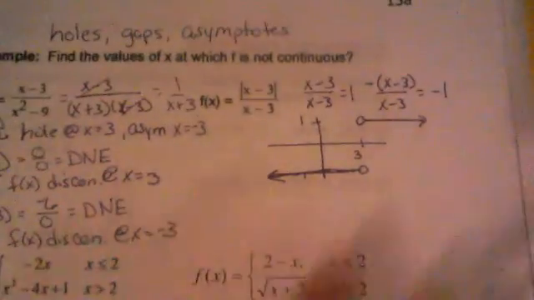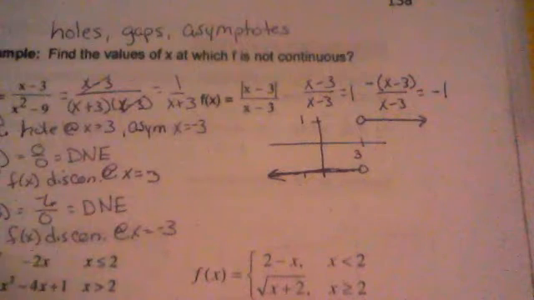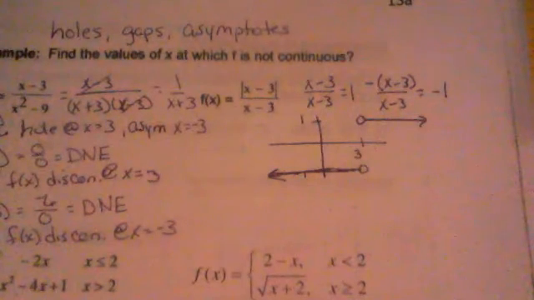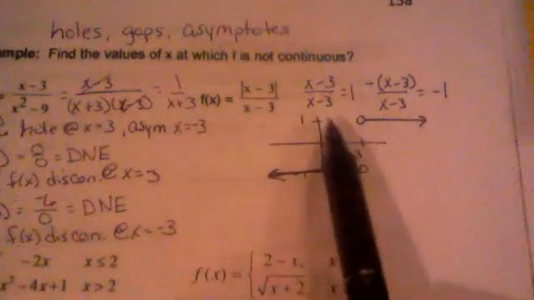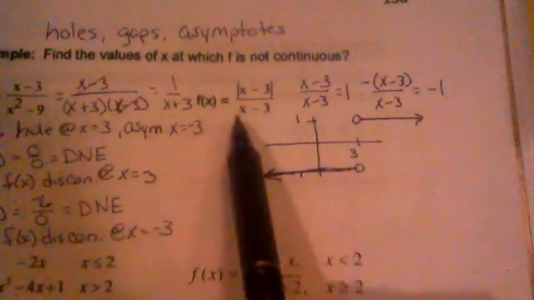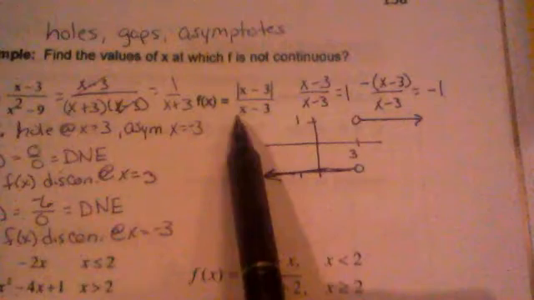This graph is kind of an important one to know. We're going to talk about how to split that up when we talk about derivatives as well. But it is one that you need to know, and we're probably not super familiar with. But I know that at 3, it is not defined because it can't divide by 0.